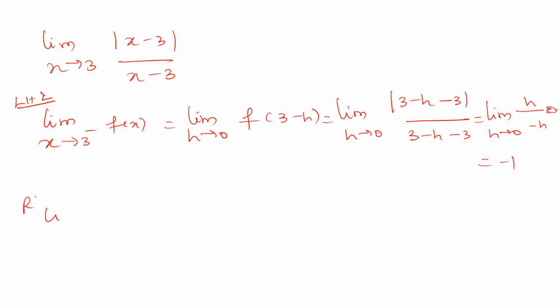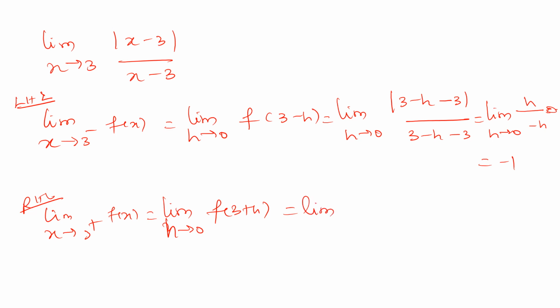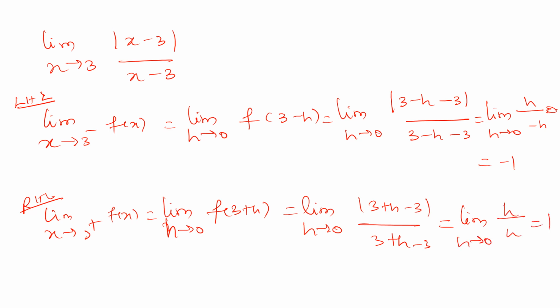Next, RHL: limit x tends to 3 plus of f of x is equal to limit h tends to 0 of f of 3 plus h, which is limit h tends to 0 of modulus of 3 plus h minus 3 divided by 3 plus h minus 3, which is h by h, equal to 1.